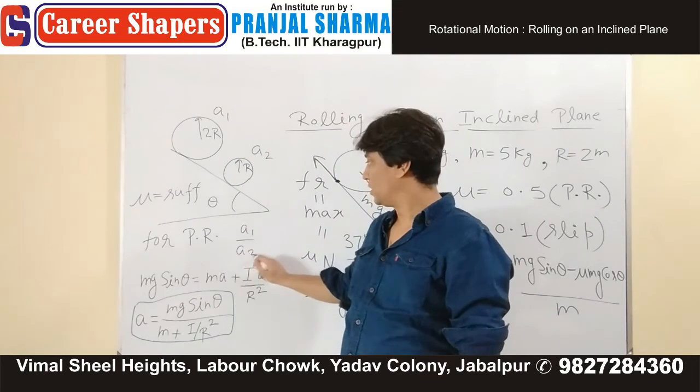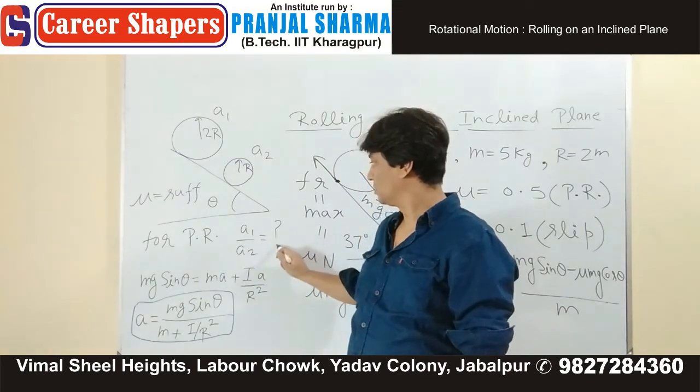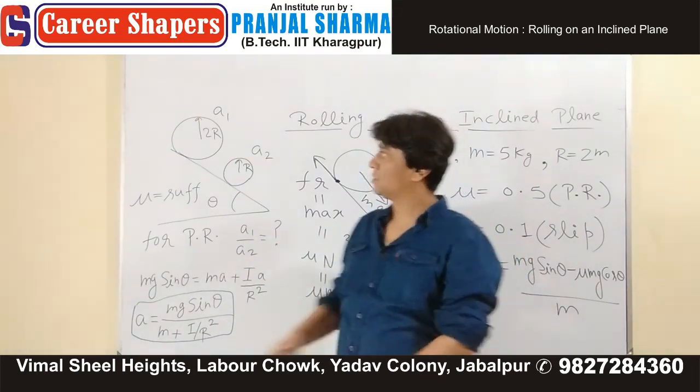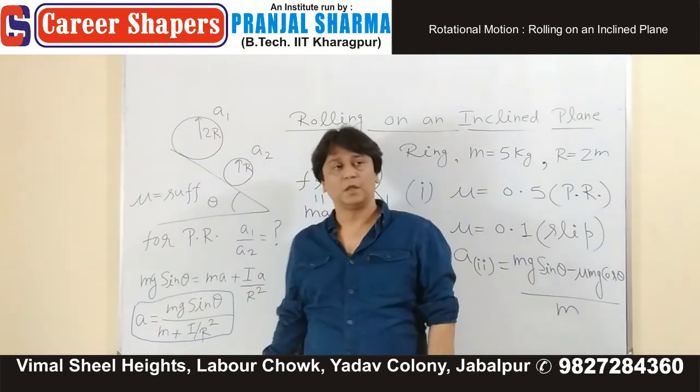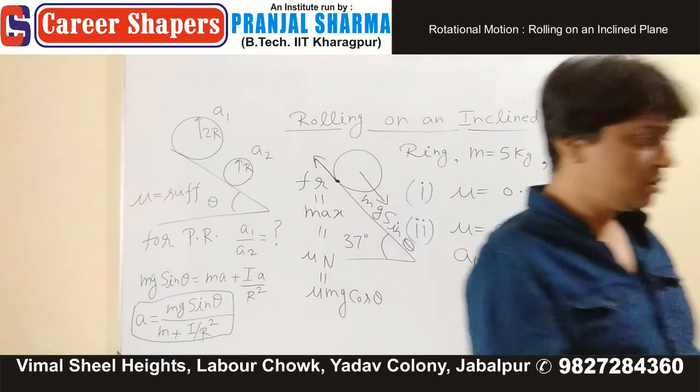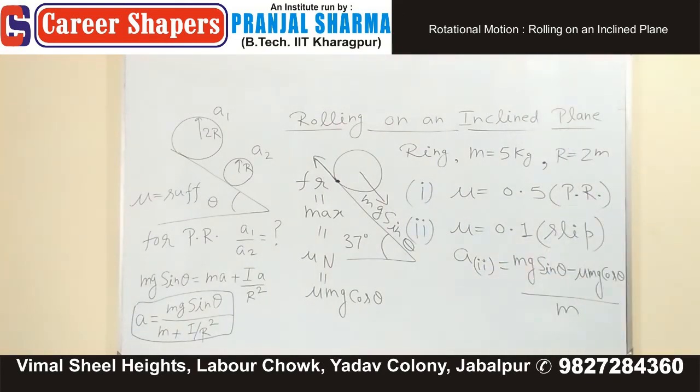What is A1 upon A2? They both are in pure rolling mode. So what is the ratio of their accelerations?